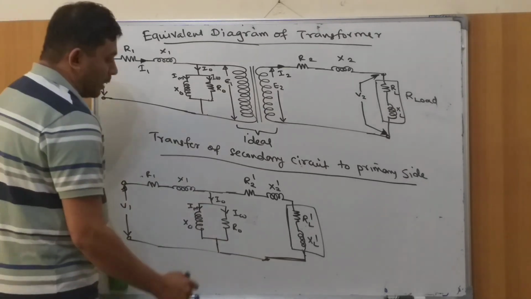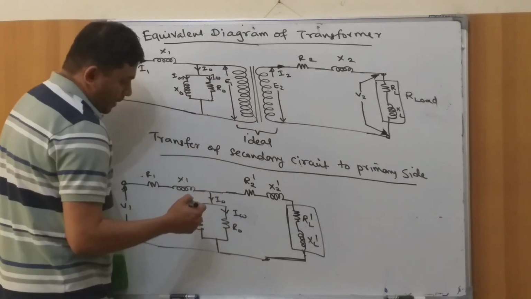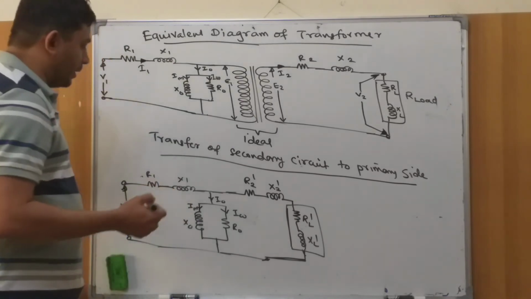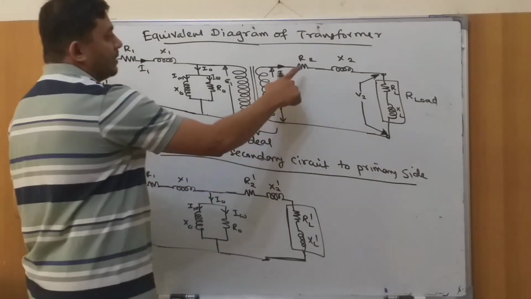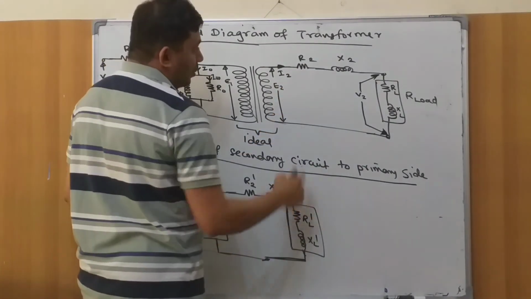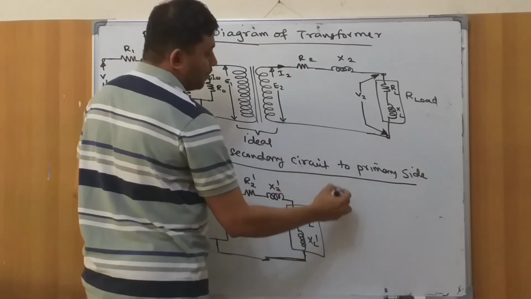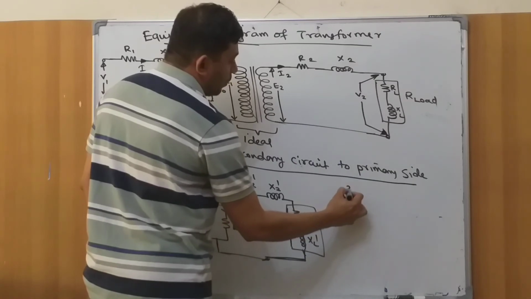Now you can do one thing here. Let's see how you get the R2 dash values. When it is in the secondary, what was the copper loss in the secondary? It was I2 square times R2.